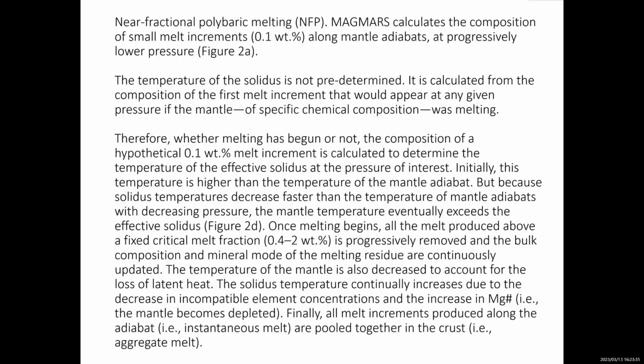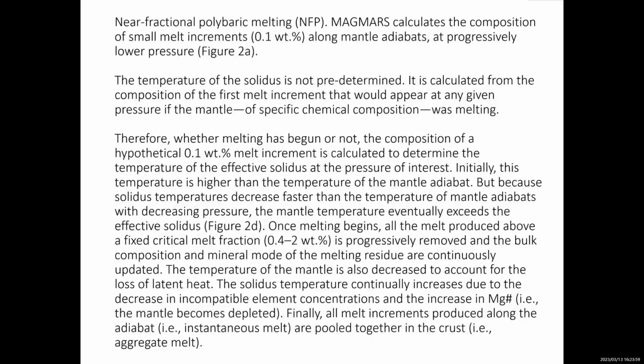And then the temperature of the mantle is also decreased to account for the loss of latent heat. So they consider latent heat here. They also adjust the open system, because the open system is considered here. And the solidus temperature continually increases due to the decrease of incompatible element concentrations. Of course, the peridotite solidus is always composition dependent.